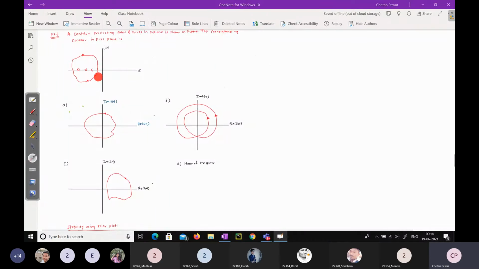So this is the contour in S plane, and you have to identify the contour in the GS plane. So there are four options: A, B, C, and D. So what is the correct option here?